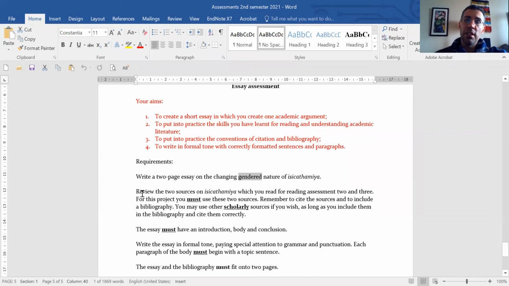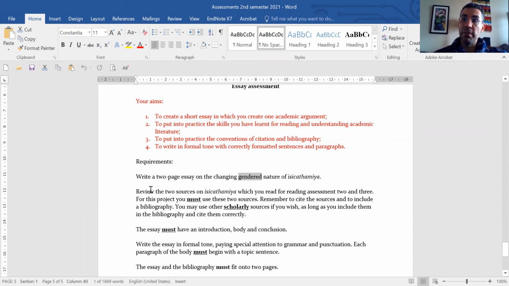So the question says, review the two sources on iskatamia which you read for the reading assessments 2 and 3. For this project, you must use these two sources. Remember to cite the sources and include a bibliography. You may use other scholarly sources if you wish, as long as you include them in the bibliography and cite them correctly.